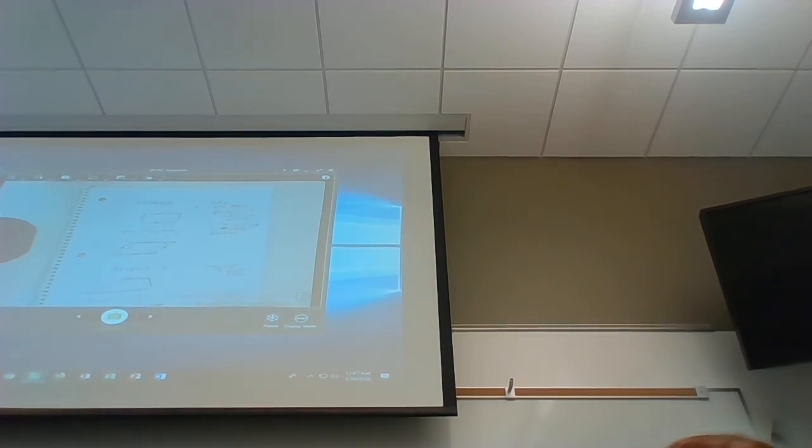If you end up with a four-sided figure that doesn't fit any of those definitions, we just call that a quadrilateral. It's a four-sided figure, but it doesn't fit any of the other definitions. So a trapezoid, going back, I went through that pretty fast, only has one set of parallel sides, and it does not necessarily have any equal sides. It might, but it doesn't have to.